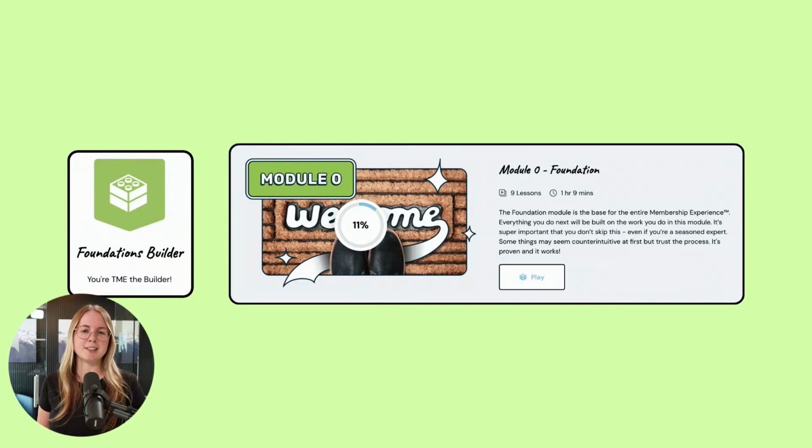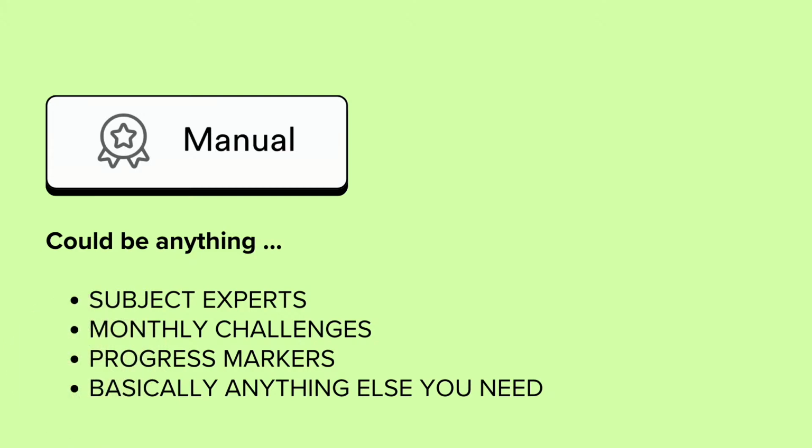So we like to do a lot of color coding here at membership.io. So you can see that the green that I selected with the little brick, which foundation bricks, made a lot of sense to me. But you can make sure that you match it up between the content as well, just to create that synergy between the content and the badge. So here's one example of a milestone badge.